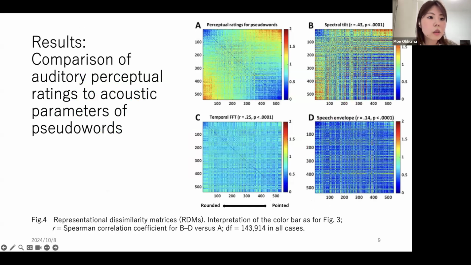About the results of the comparison of auditory perceptual ratings to acoustic parameters of pseudowords: which parameters were related to the auditory perceptual ratings of roundness and pointedness?